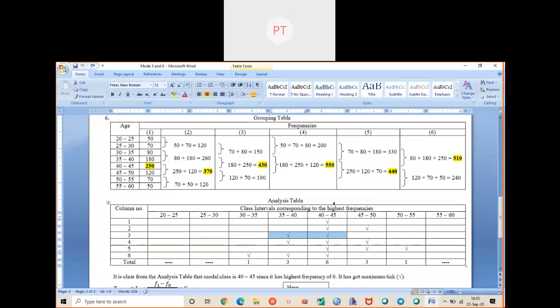In column number 4, we can see it is 550. So it belongs to which class? It belongs to this class: 35, 40 and 45.